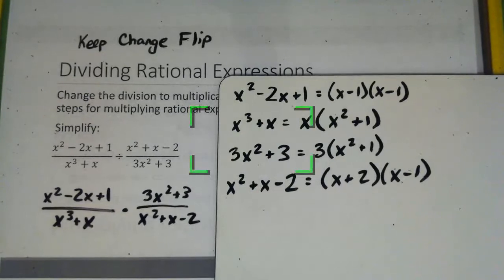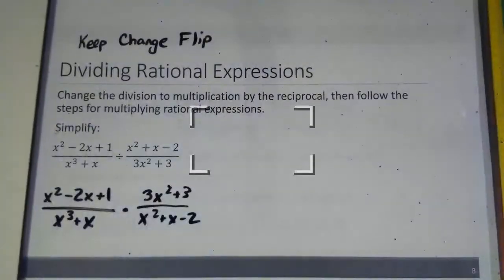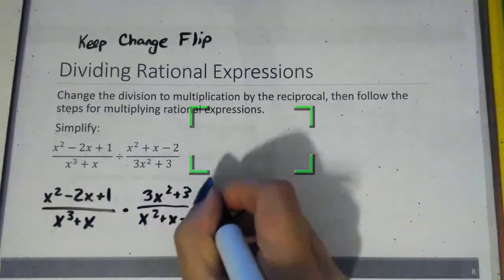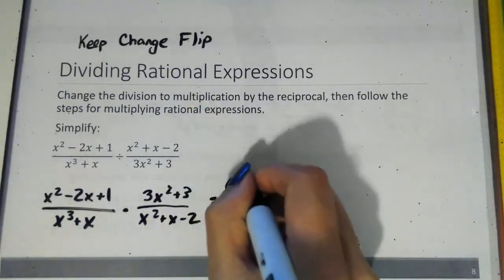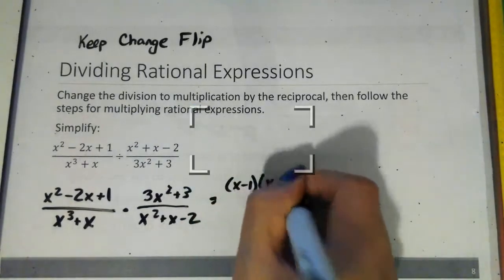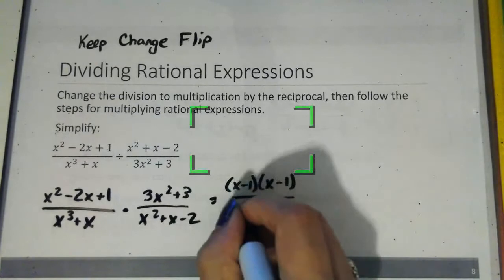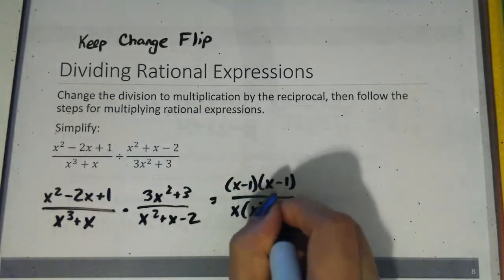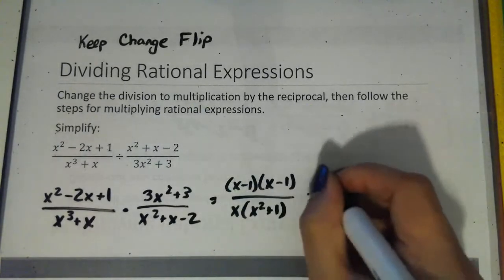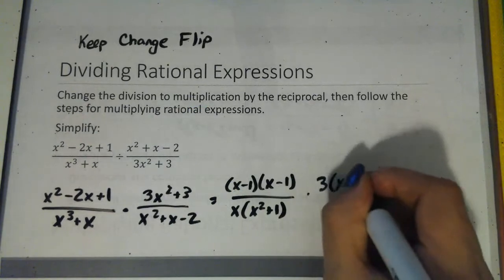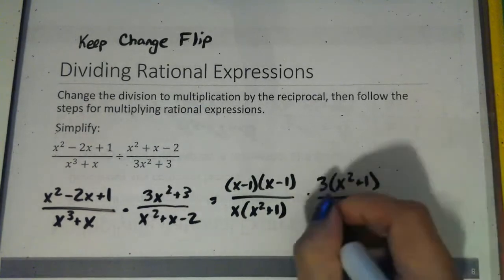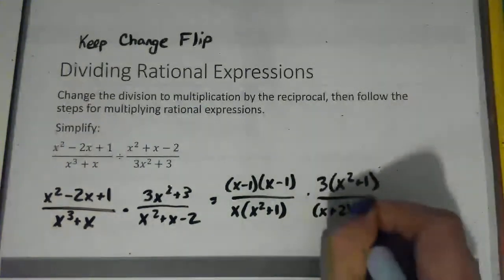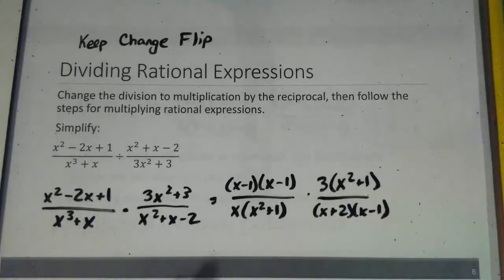So I'm going to write everything in factored form. So that is x minus 1 times x minus 1 over x times x squared plus 1 times 3 times x squared plus 1 over x plus 2 times x minus 1.